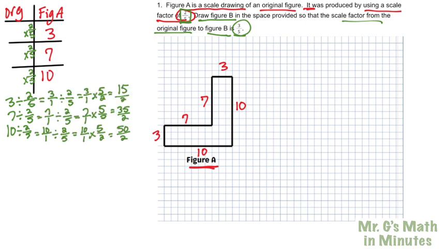So here are those 3 division problems solved for us. Anywhere we see a 3, the original number was 15 halves, or 7.5. For the 7, it was 35 halves, or 17.5, and then 50 halves, or just 25.